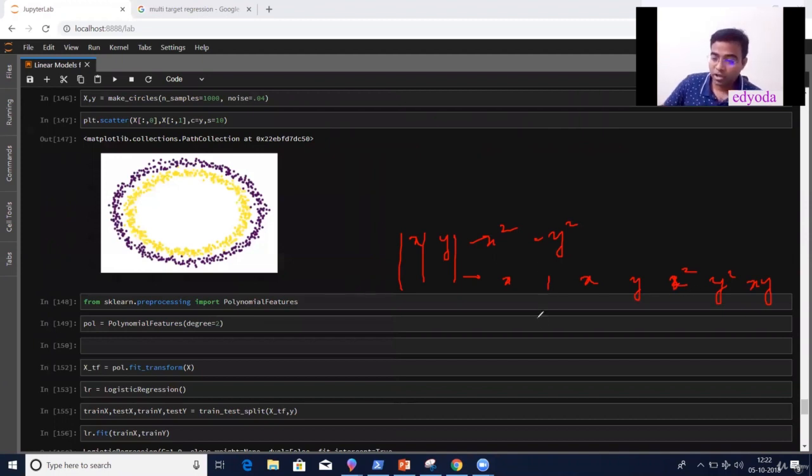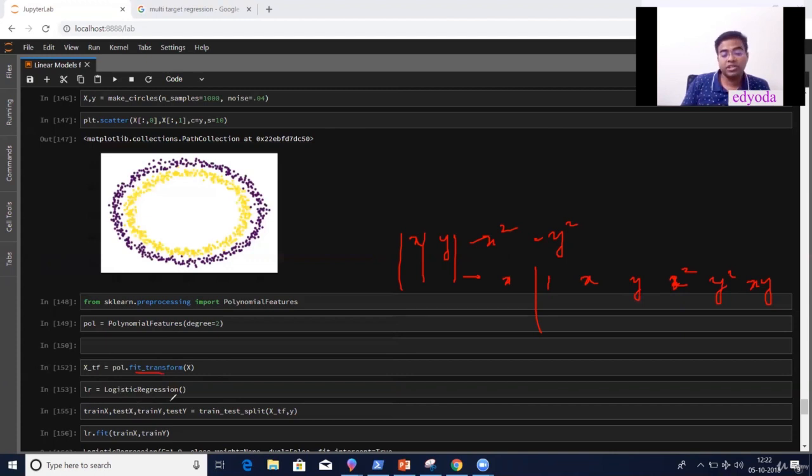So this will be the number of columns: 1, 2, 3, 4, 5, 6. It calls the fit_transform function to convert the data into higher dimension. So the data will now be 6 columns rather than 2 columns.